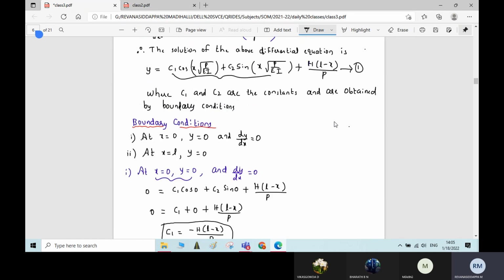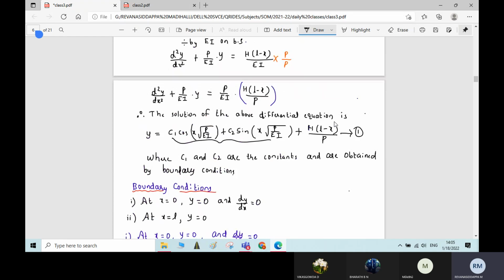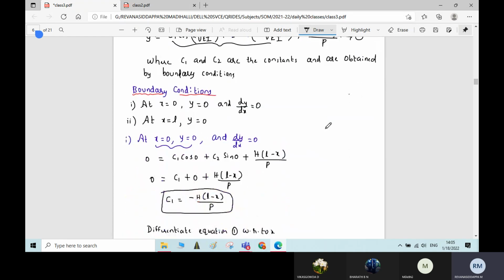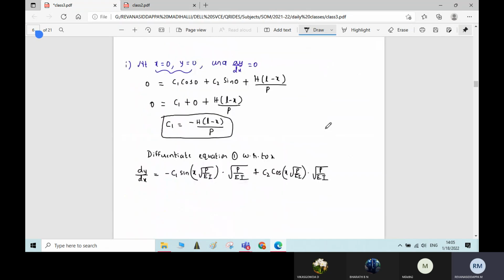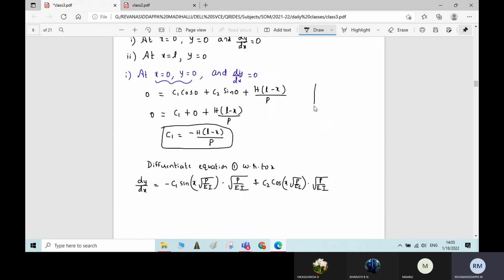And the differentiation of the third term: here we have h into L minus x divided by p. I'll write the third term in a separate column. If you split this equation, it becomes hL minus hx divided by p, which is hL by p minus hx divided by p.